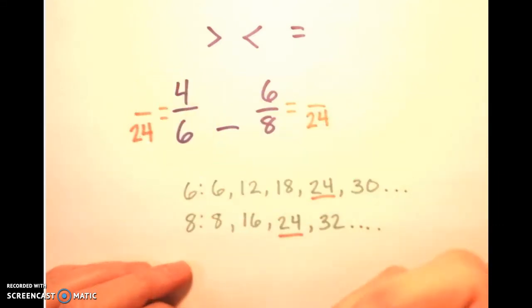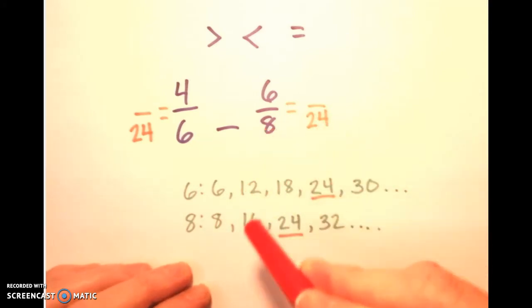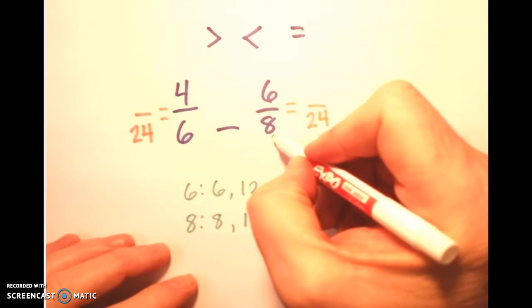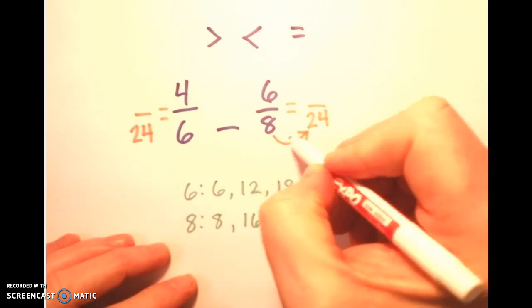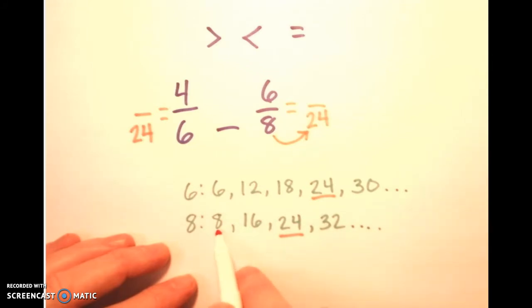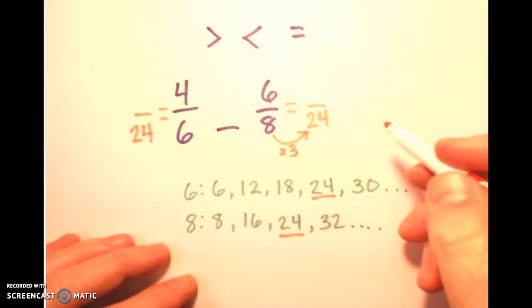And now I just have to think to myself, okay, how do I go from eighths to 24ths? So really what I'm asking myself is, what do I multiply 8 times to get 24? Well, 8 times 1 is 8, 8 times 2 is 16, 8 times 3 is 24. 8 times 3.